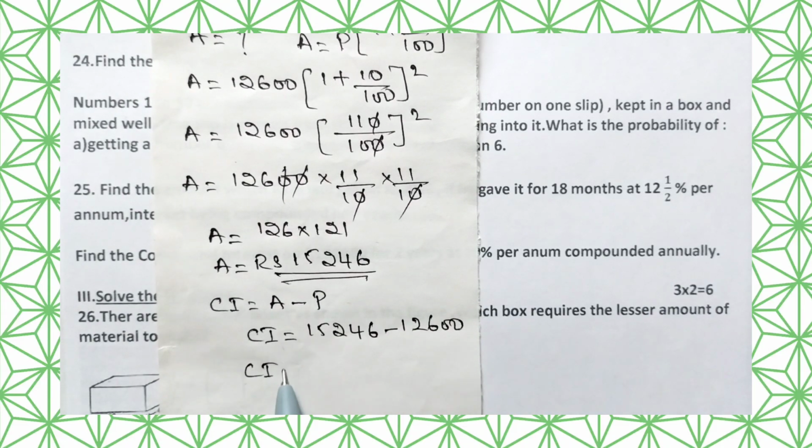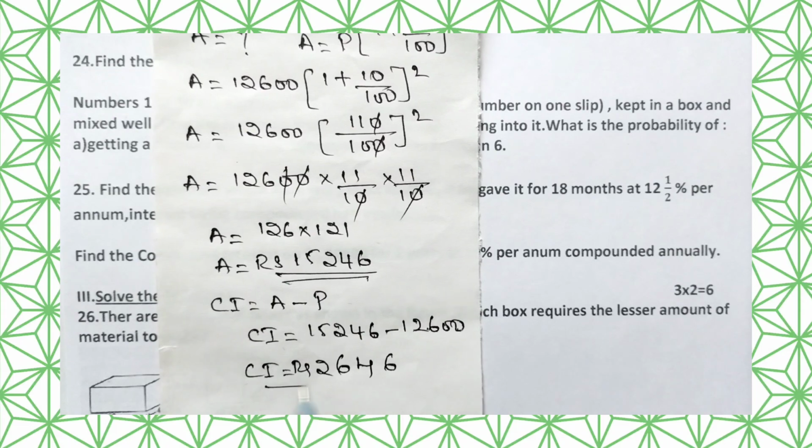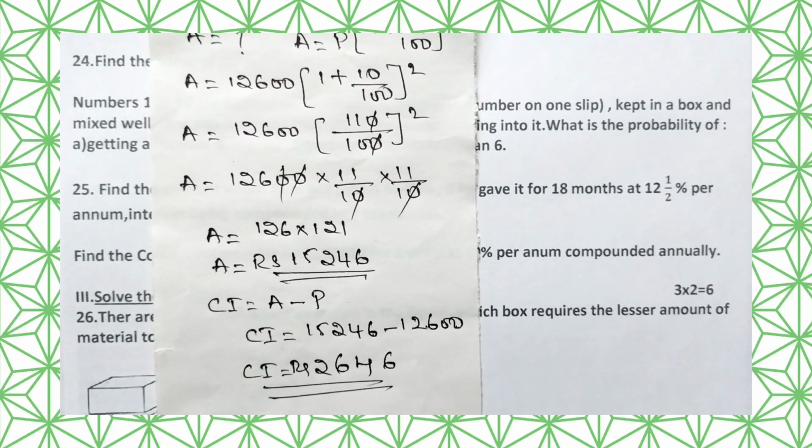So compound interest is equal to 6 minus 0 is 6, then 4 minus 0 is 4, then 12 minus 6 is 6, then 4 minus 2 is 2. So it will be, compound interest is equal to 2,646 rupees. So like this we have to calculate this question.